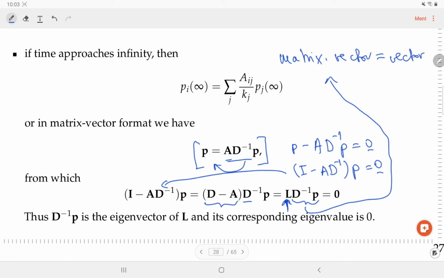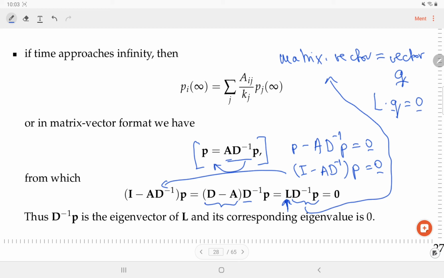So we can rename it as vector q, and hence we can write this equation as L times vector q equals the 0 vector.